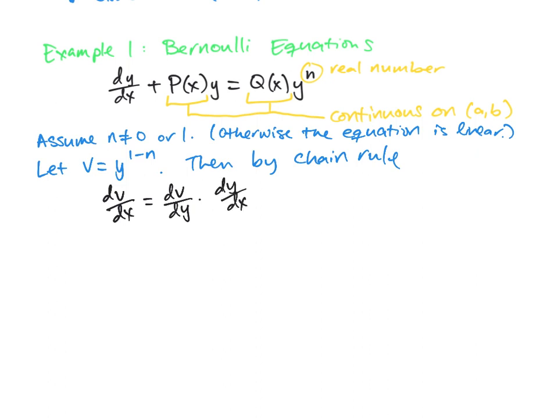Because of our definition of v, dv/dy is, using the power rule, 1 minus n times y to the 1 minus n minus 1, which is negative n, and then multiply that by dy/dx.